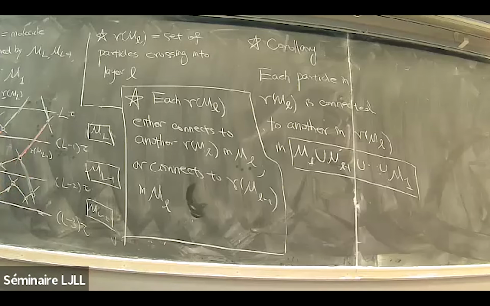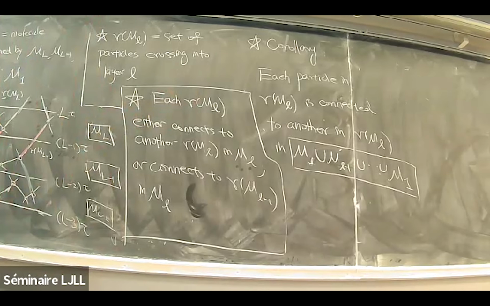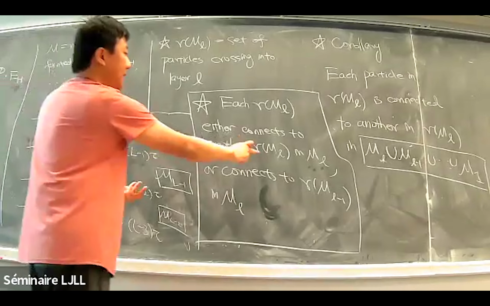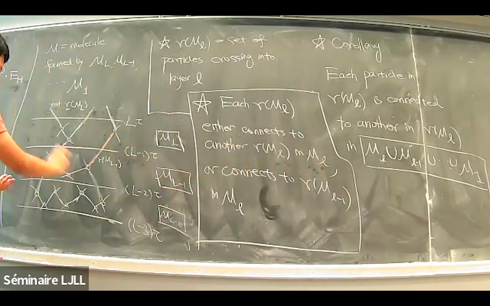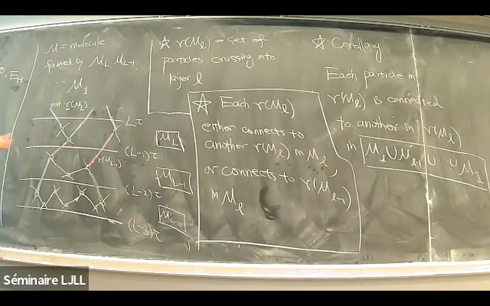So then you see that each particle line, let's say, look at this blue one. If it's connected to another blue one in this layer, like this one, then you are good. You're just directly connected to another blue one in this layer. This is alpha ML, and this is ML-2. So in this case, L will be 3.